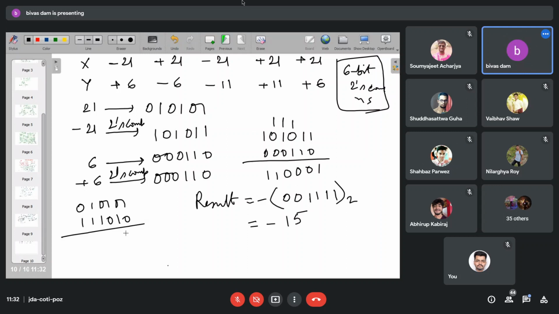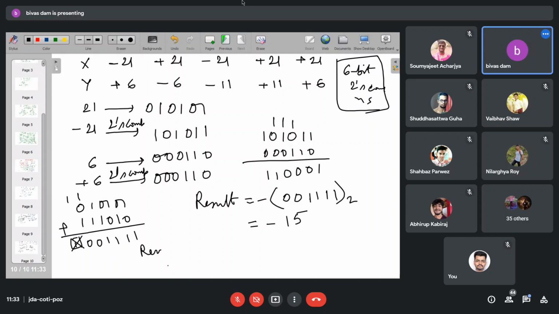So if I go for the addition, it becomes 1, 1, 1, 1, 0, 0, 1. This is the end around carry, the final carry. So what do I have to do? Ignore.